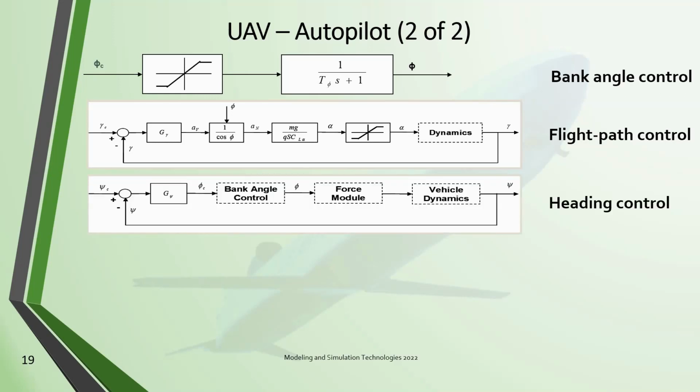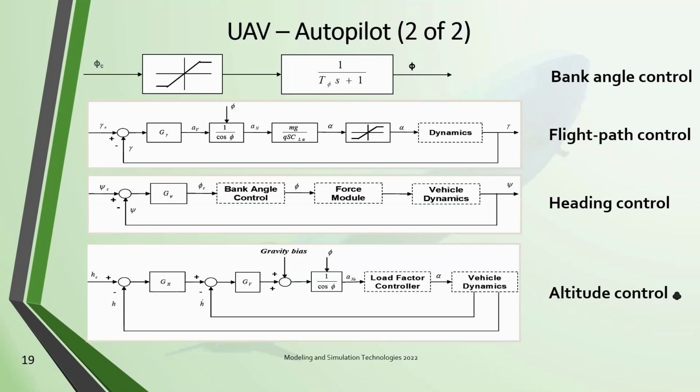In heading control, the commanded heading is compared with the measured heading, sent through a gain to convert it to a bank angle, which is sent through the bank angle control. And then this bank angle enters the force module and the vehicle dynamics to achieve the required heading.